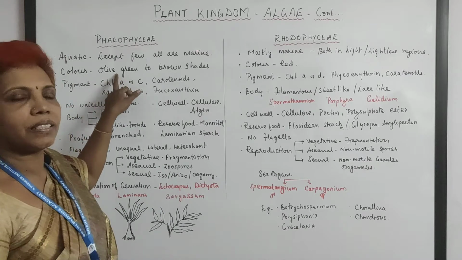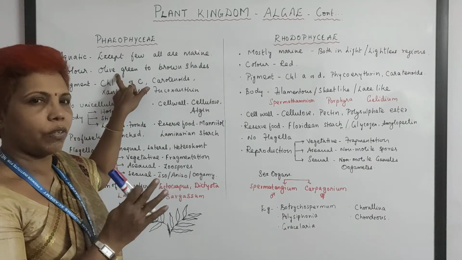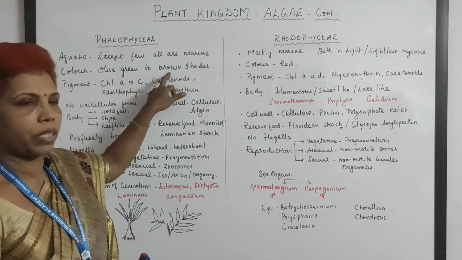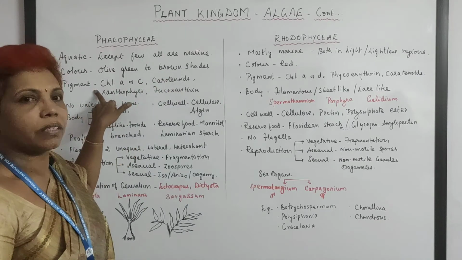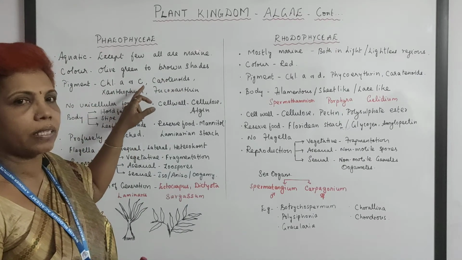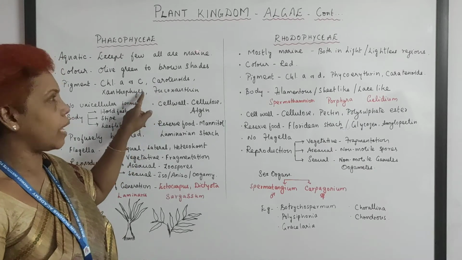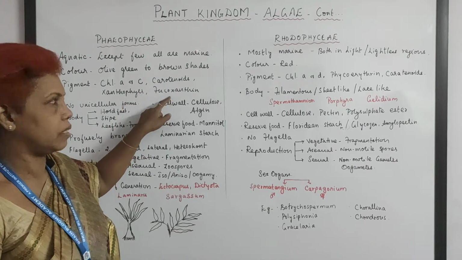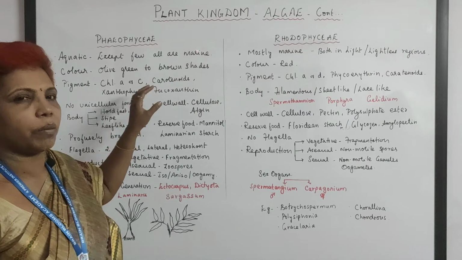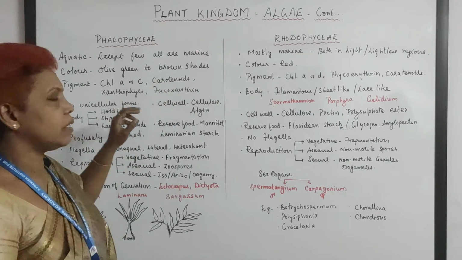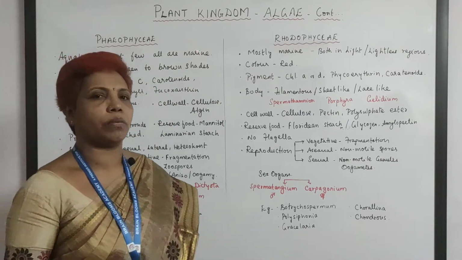The color changes from olive dark green to brown shades, and their pigments are chlorophyll A, C, there is no B, carotenoids, xanthophyll, and fucoxanthin. This gives the brown shade, and there are no unicellular forms at all.